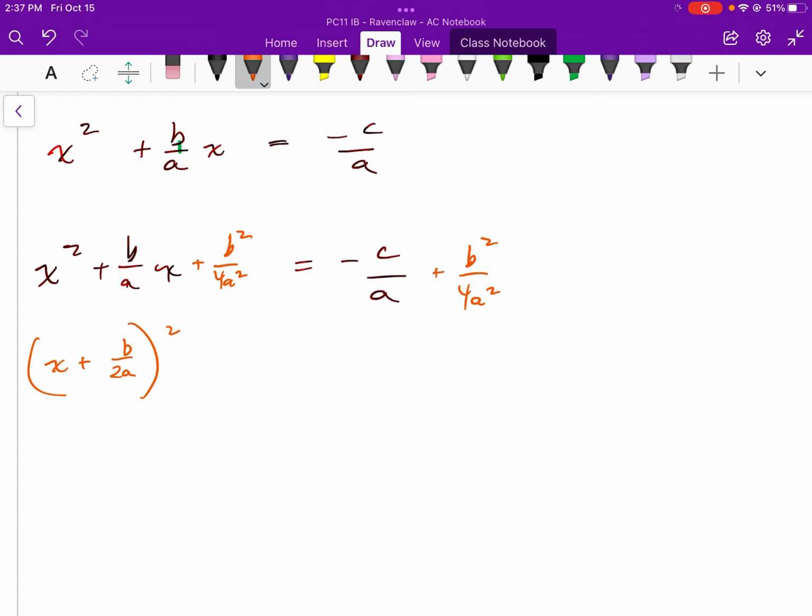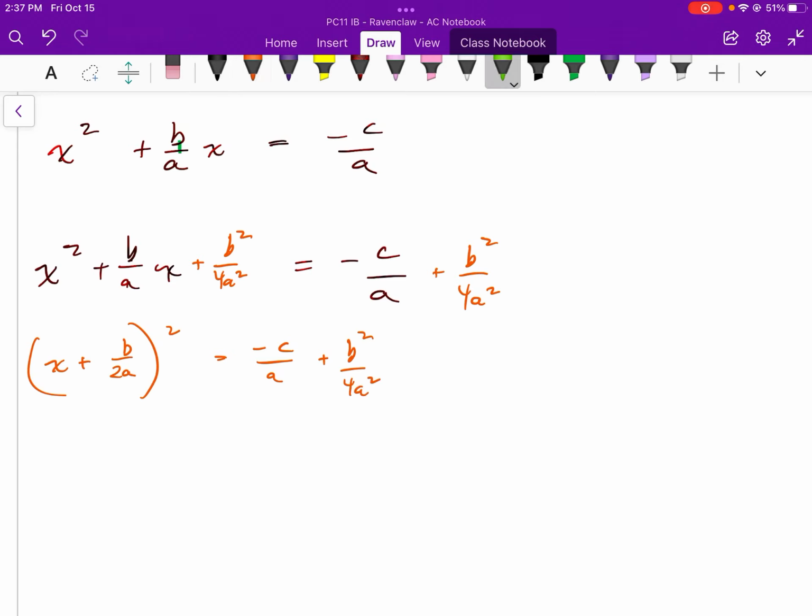Now recall that the left-hand side was a perfect square, and so it'll follow a perfect square pattern for factoring. Now my right-hand side is negative c over a plus b squared over 4a squared.